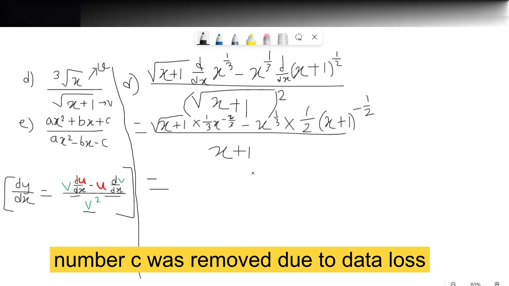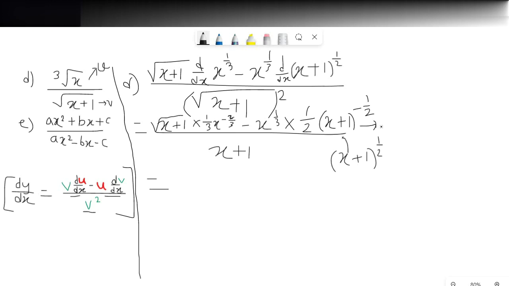So here, just like the previous math, we will multiply both sides, the numerator and denominator, with x plus 1 to the power half, so that this term becomes 1 and this term having the power of 3/3.